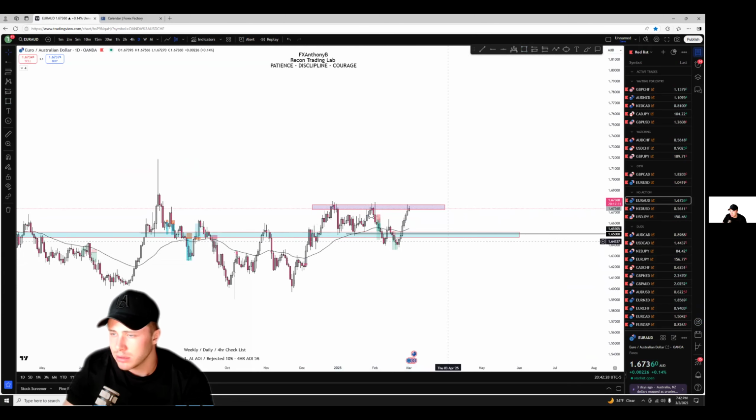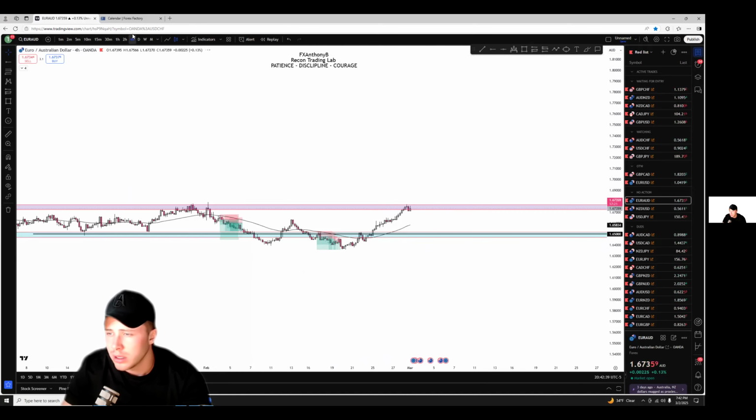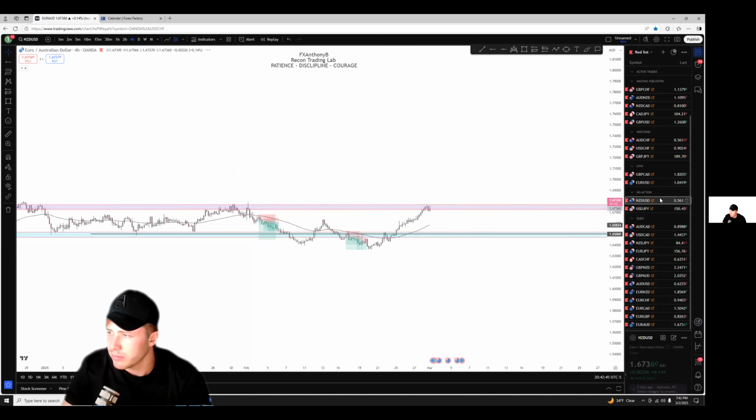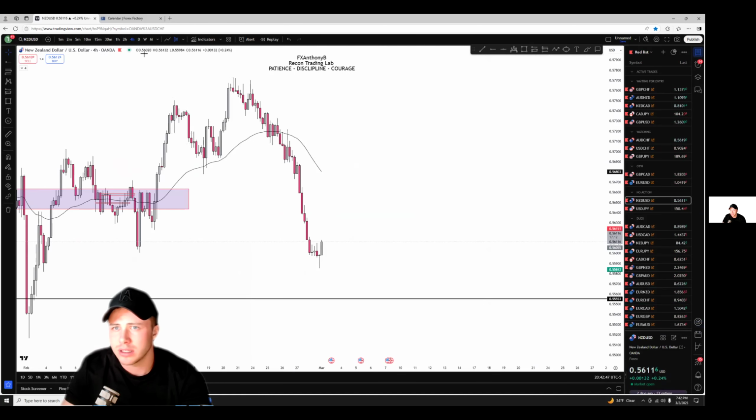As you can see, rejection, double bottom, but small candlesticks, lots of days to move. 4 hour, no pattern, just continuous movement. No, thank you.